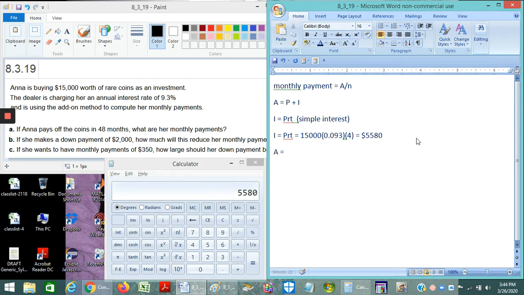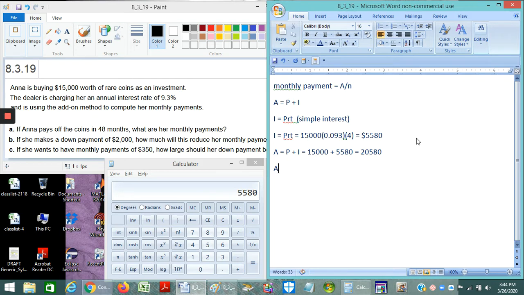So in total, the future amount will be the principal that she's borrowing plus the interest that they're charging her, right? So we take the $15,000 and we add the interest, the $5,580, and we find that she's going to owe them $20,580. But we're asked, right, what are the monthly payments?